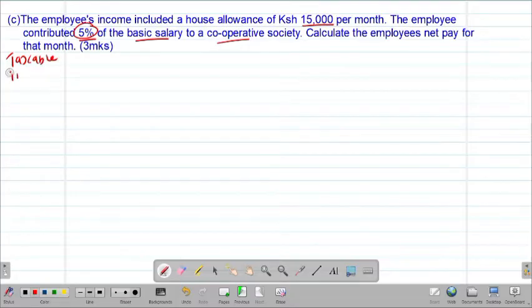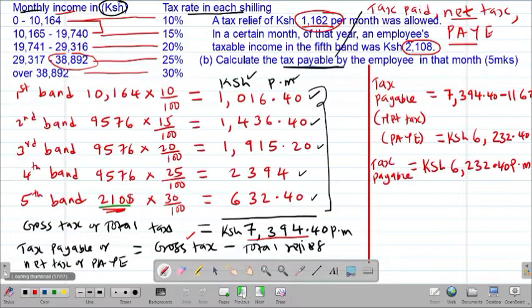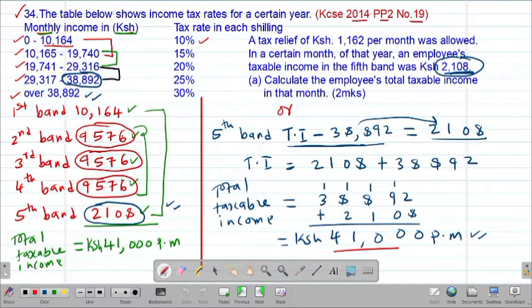So we know that taxable income is given by the basic salary plus the taxable allowances. So which will be equal to our taxable income. We had already gotten it in the first part.